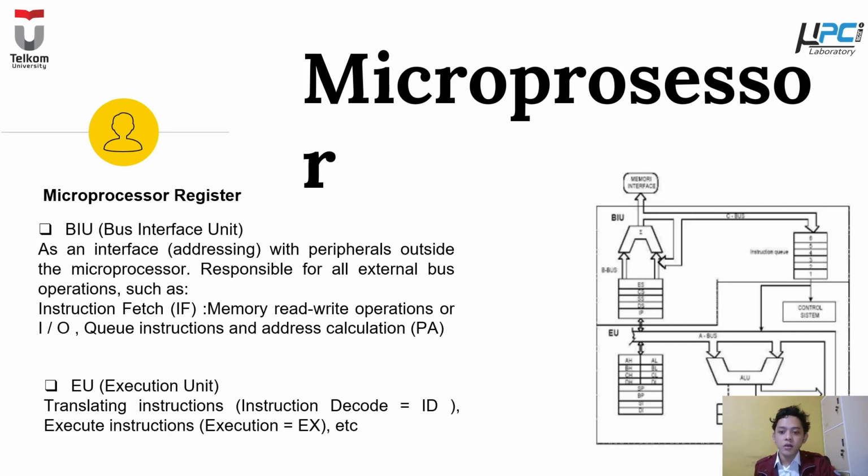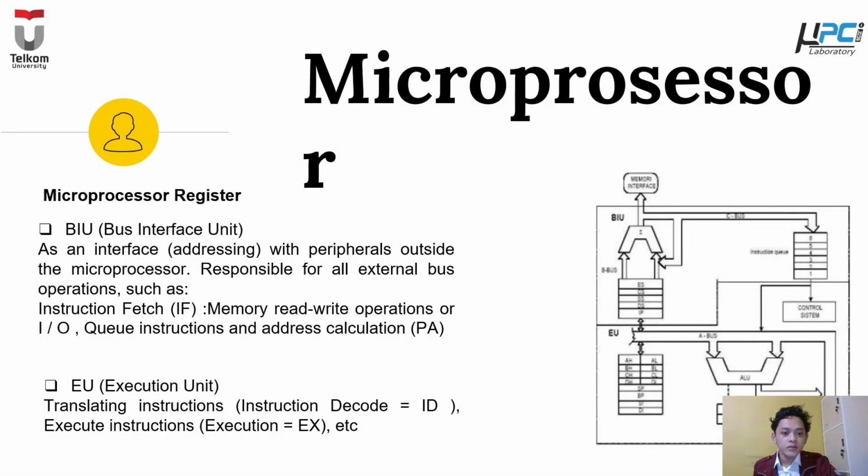As an interface or addressing with peripheral outside the microprocessor, it is responsible for all external bus operations such as instruction fetch or IF, memory read-write operation or input or output, queue instruction and address calculation or PA, and now EU, execution unit. So execution unit is about translating instruction or instruction decode, execution instruction, and etc.